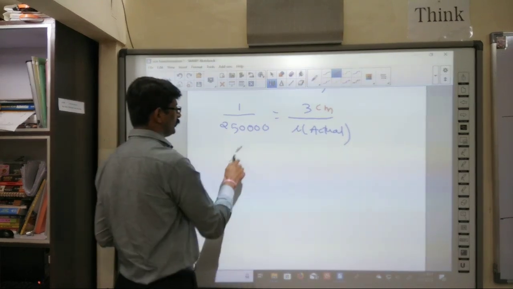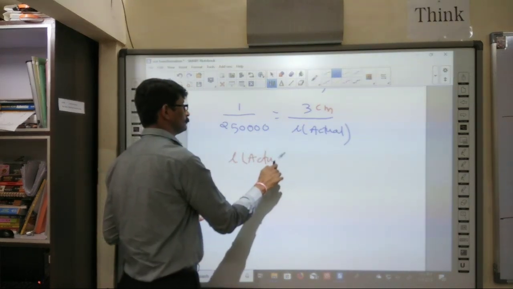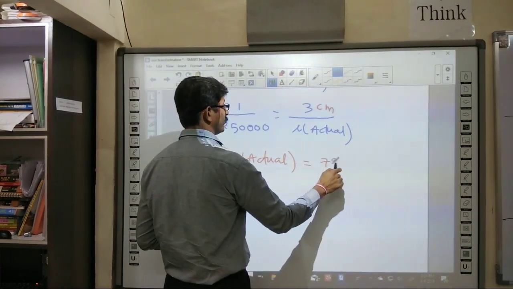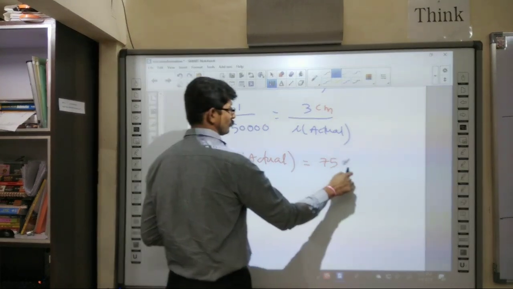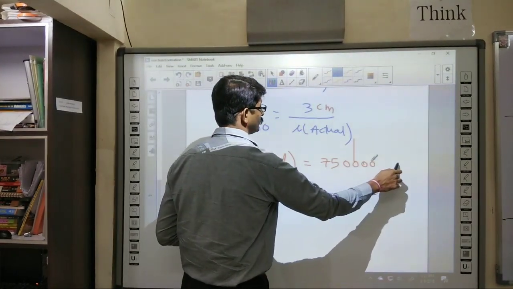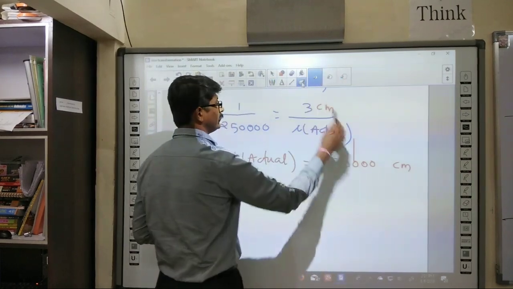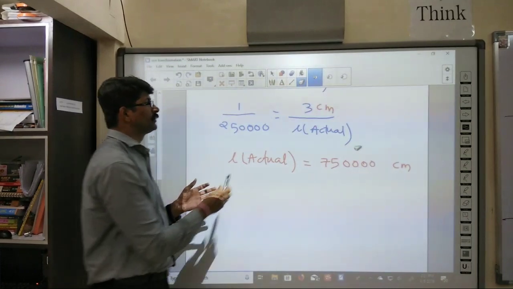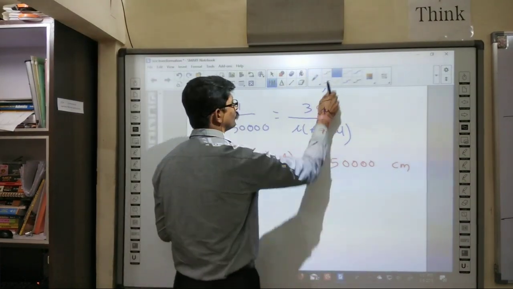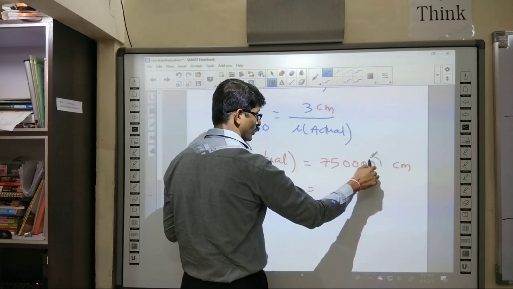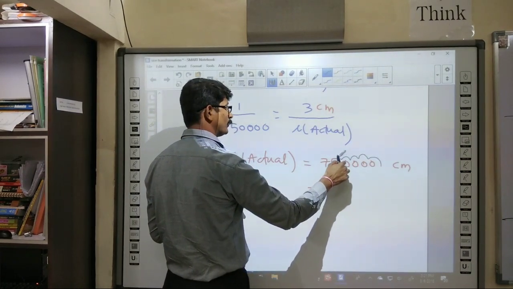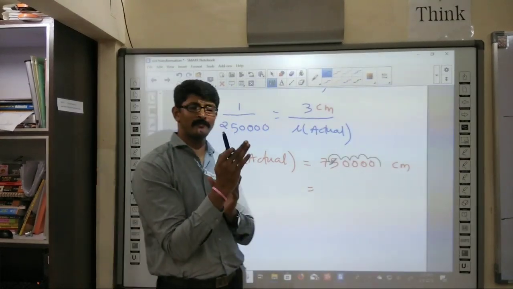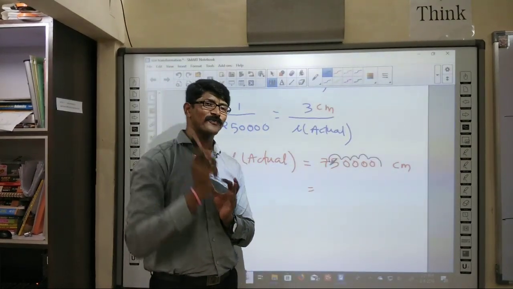So length actual would be 3 into 25, that's 75, and then there will be 1, 2, 3, 4 zeros, and the unit will be in centimeters. But if we want it in kilometers, I'll shift this dot 1, 2, 3, 4, 5 places behind. 1 centimeter is equal to 10 raised to power minus 5 kilometers.